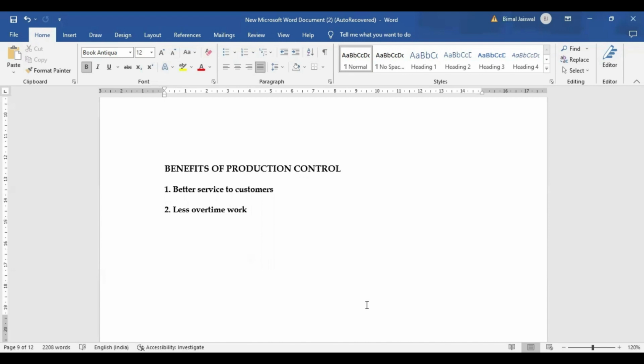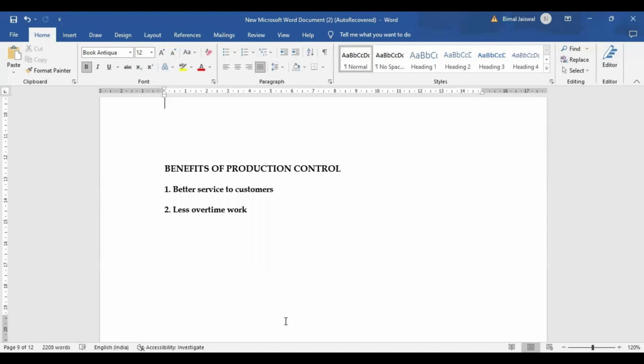If without any check the goods or services are brought into the market, automatically the compromise, the adjustment has to be done by the customer. And the customer is the person for whom we are working. So if we are trying to satisfy the desired need of the customer, then the various controlling techniques, the production control, is going to help in providing better service to the customer.